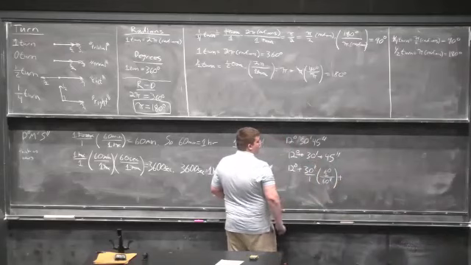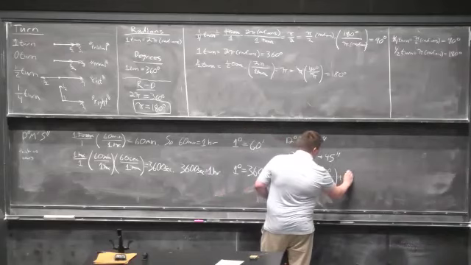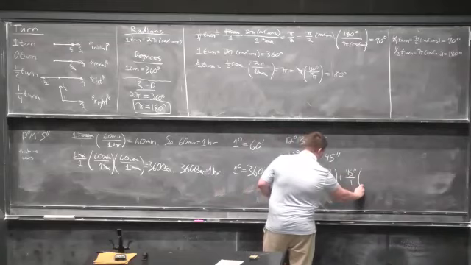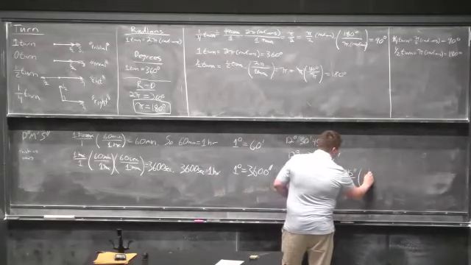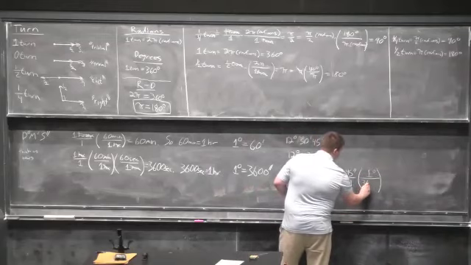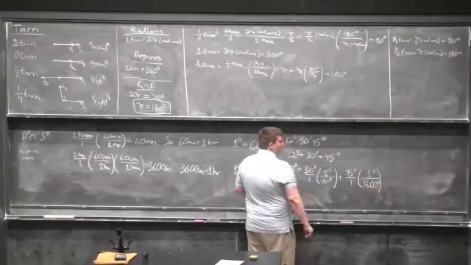And now when we go to seconds, we're going to have 45 seconds over 1 times 1 degree per 3,600 seconds.